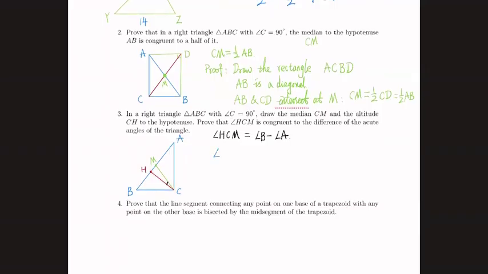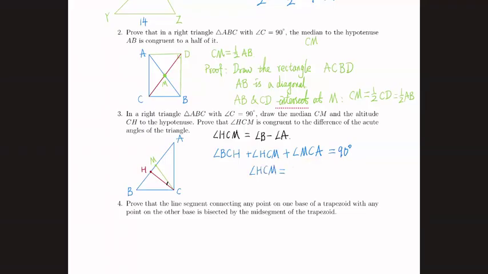Angle BCH plus angle HCM plus angle MCA equals 90. First step. Second step, HCM equals 90 minus MCA minus BCH.